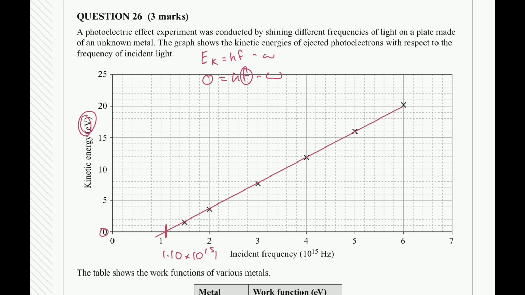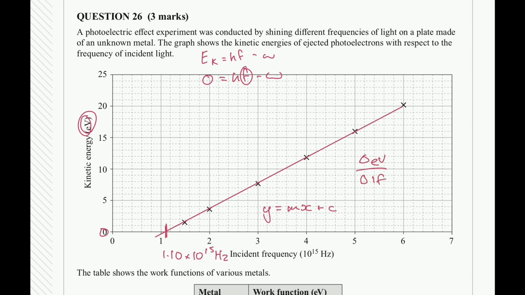Another way to calculate that would be to use the change in y over the change in x, thinking about a simple y equals mx plus c. Our gradient would be the change in eV over the change in incident frequency.